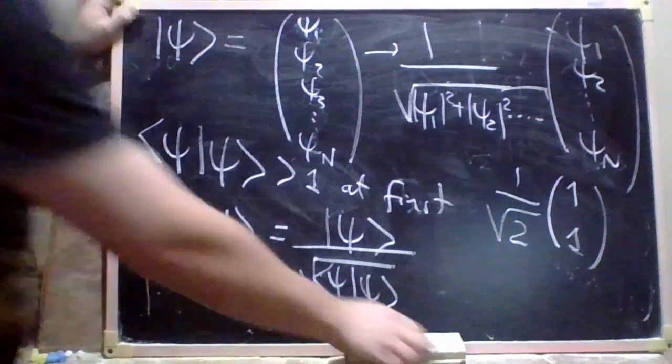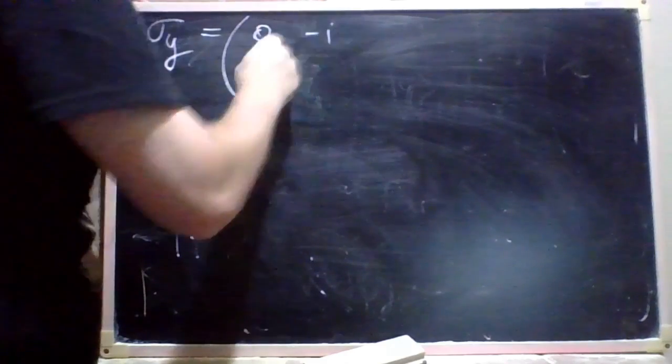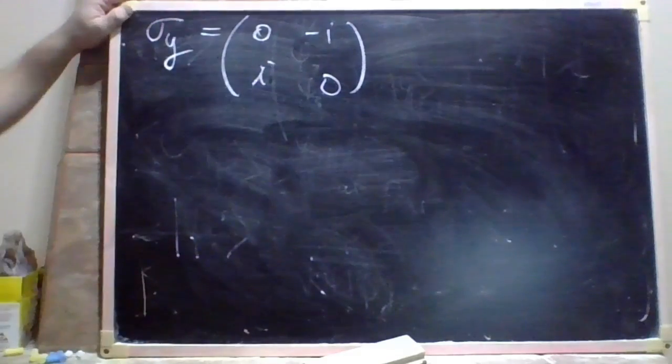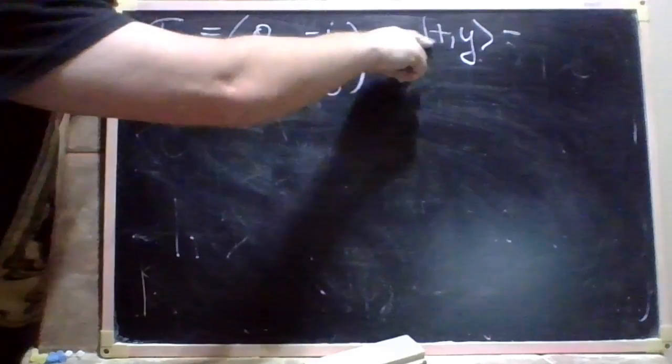Also, if I remember correctly, the eigenstates of sigma of y, which is this matrix, minus i, and zeros in the diagonal, you would find the plus state in the y direction, which is the plus one eigenvalue corresponding to this eigenvector. If I remember correctly, it is just 1 over the square root of 2, times 1 and i, the imaginary unit.